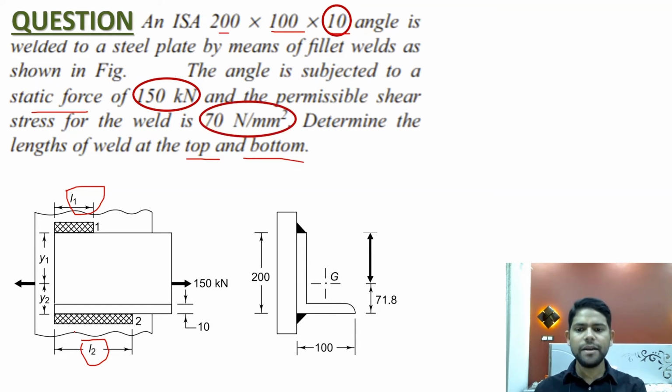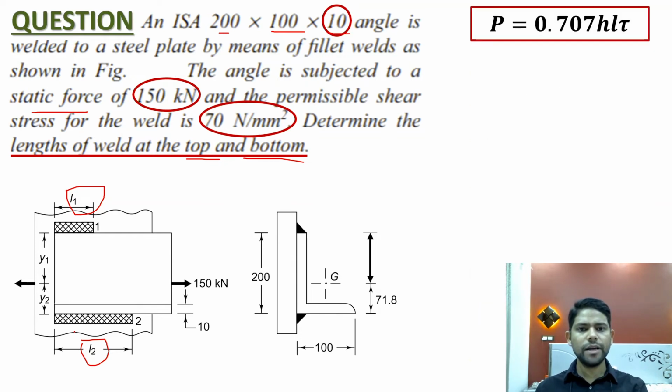The third parameter is the shear stress acting inside the weld, which is 70 megapascal. And the question wants us to find the length of the weld at the top as well as at the bottom. So we will be using this equation, which is again for the parallel fillet weld, which says that P equal to 0.707 times H times L times tau.